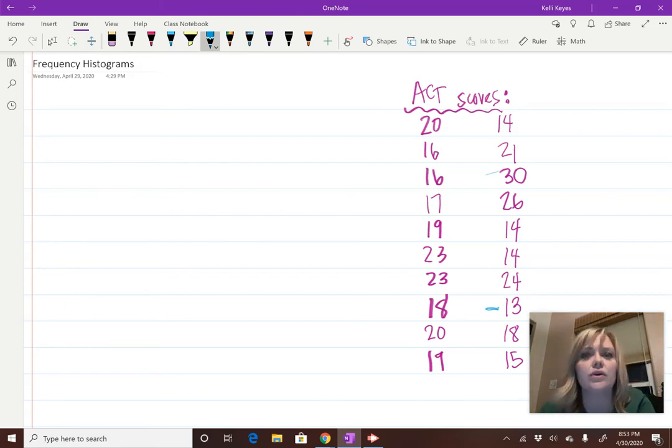How you choose the width of your intervals on the x-axis is completely up to you, but you need to be consistent about it. I'll probably go by 2s, or you could also go by 1s, from 13 to 30, but that would take a lot of space. So maybe I'll go by 3s.